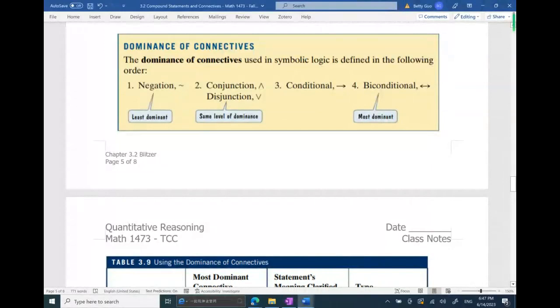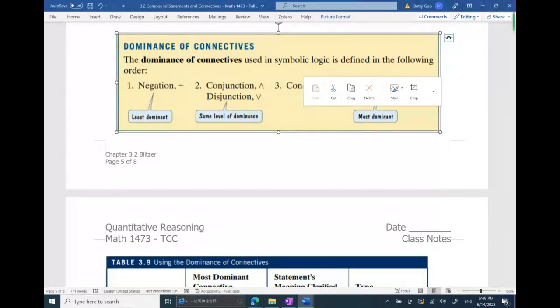The dominance of connectives used in symbolic logic is defined in the following order. As you can see, biconditional is the most dominant, has the highest level of dominance, and then follows conditional, and then conjunction and disjunction. Very important: conjunction and disjunction have the same level of dominance, and negation has the weakest dominance.